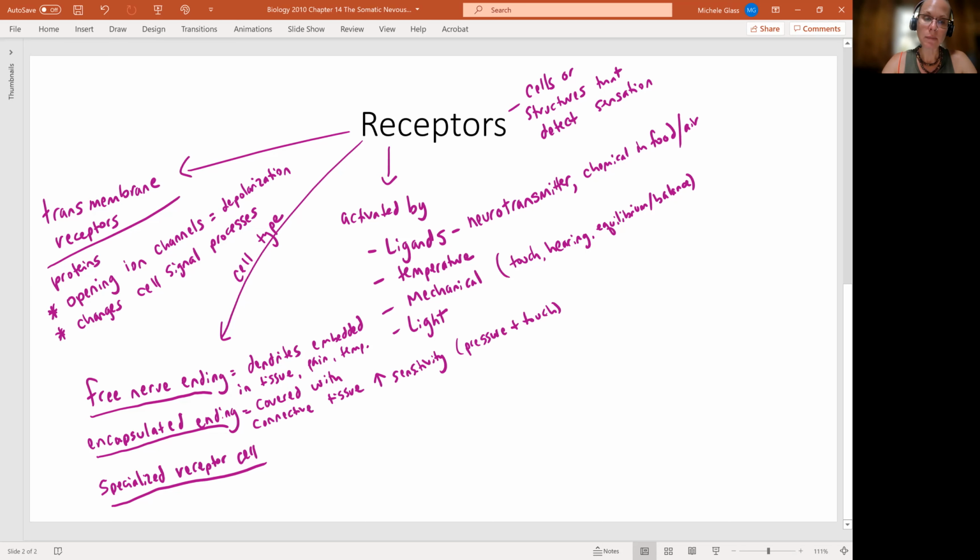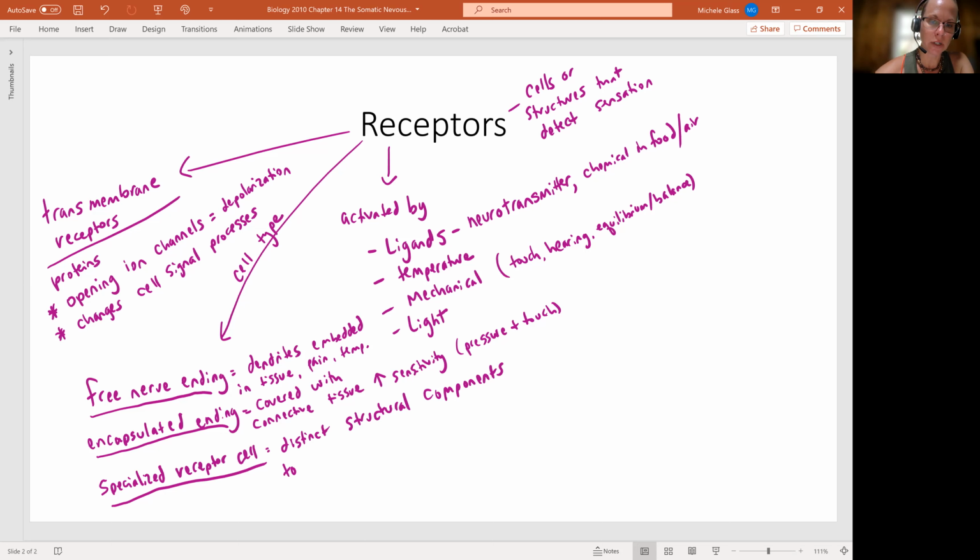When we talk about the specialized receptor cell, this is going to be having distinct structural components. So the anatomy here in the cell is significantly more complex.